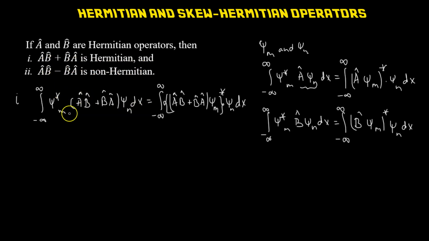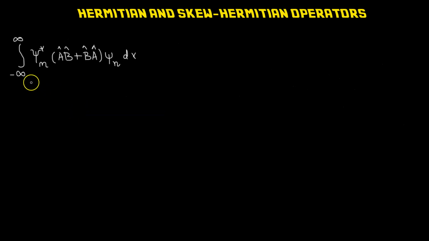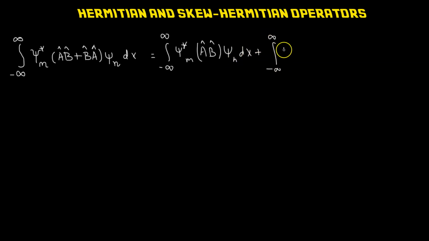So let's start from the left hand side. We will be splitting this integral into two. The first integral, with limits from negative infinity to positive infinity, is psi star m multiplied by the operator AB operating on psi n dx, plus the integral from negative infinity to positive infinity of psi star m times the operator BA operating on our eigenfunction psi n dx.